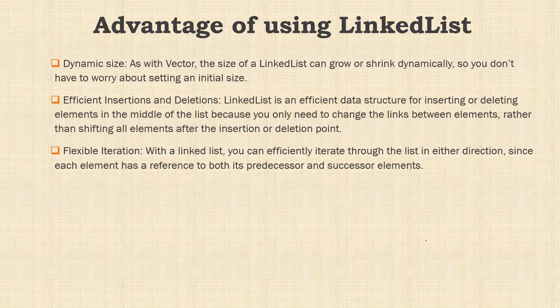Flexible iteration: with a linked list you can efficiently iterate through the list in each direction, since each element has a reference to both its previous node and next node, pointing in both directions, left and right.